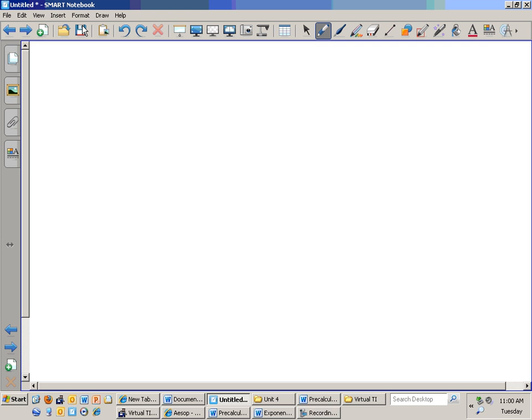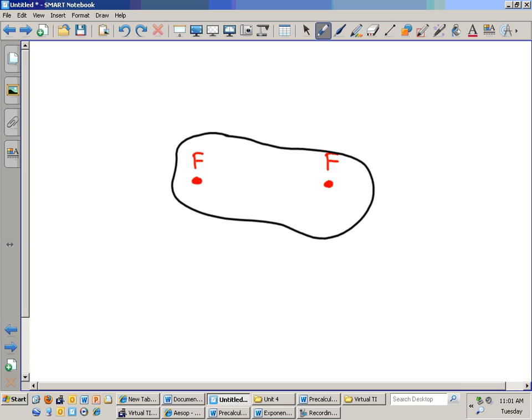If we were to try to construct an ellipse, I'll go back to that definition. Let's say this was one focal point and this was another focal point. And let's say you had a string and you tied the string into a loop and laid it down around those focal points.